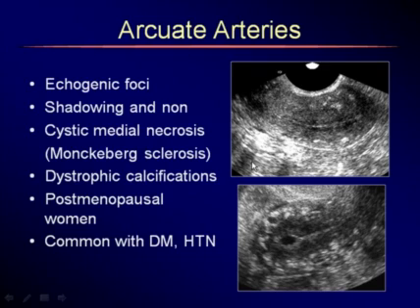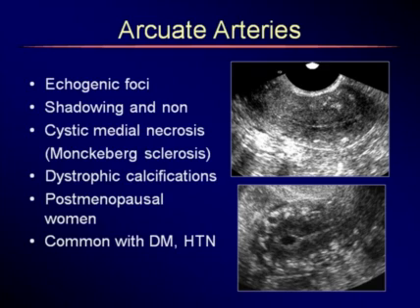Now, the arteries. I mention these because the arcuate arteries are also located in there, and eventually they may calcify in older patients. Then they become hyperechoic foci, some with shadowing, some don't really shadow because they're very fine calcifications. They really represent cystic medial necrosis, or pathologically speaking, Monckeberg sclerosis.